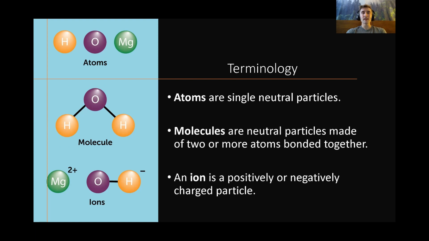And so anything that has an electrical charge, kind of like a magnet, is considered an ion. And this is important for our understanding of these essential elements and how they need to exist in the soil.